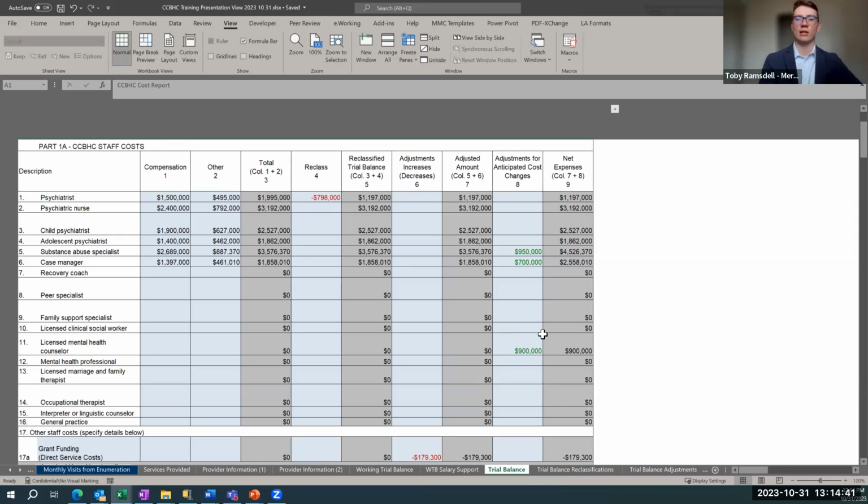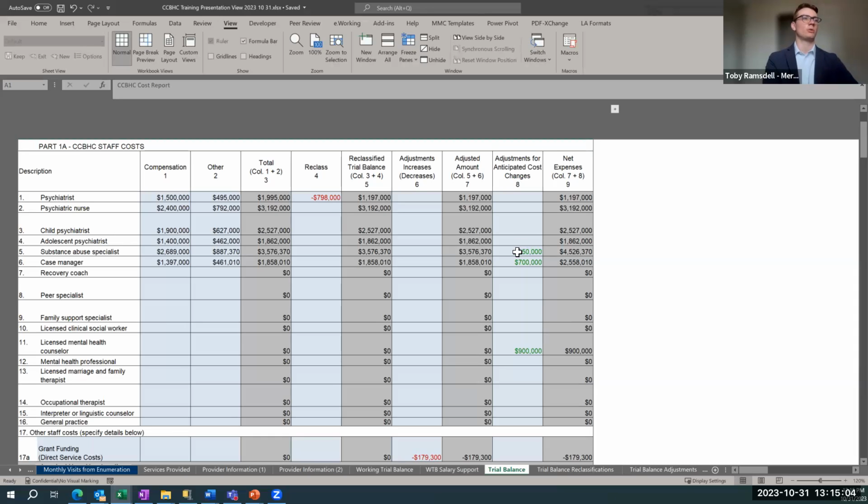What I mean by that last point is, there may need to be some changes in administration, like you may need to hire an additional accountant to work on cost reports. You may need to make some changes to the EHR. Those expenses can be recorded in anticipated costs, so long as there's sufficient justification.